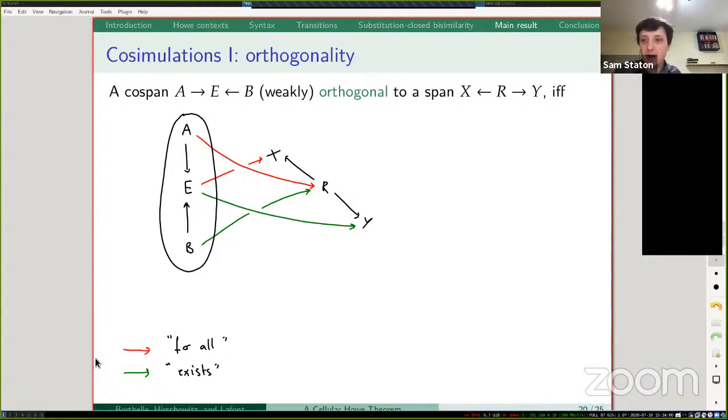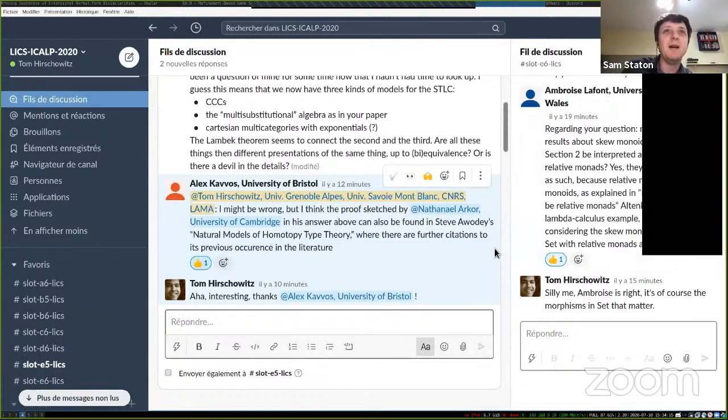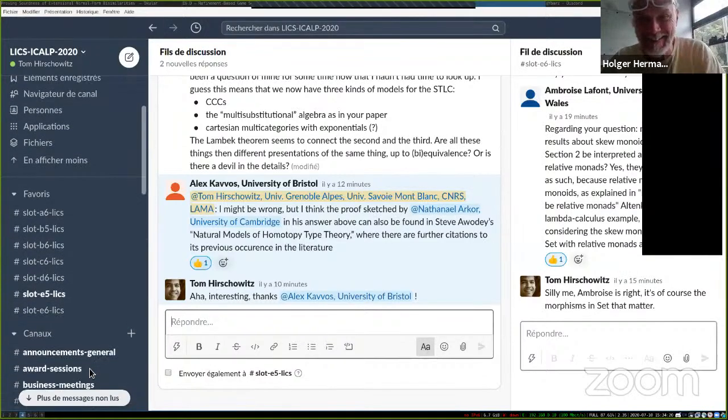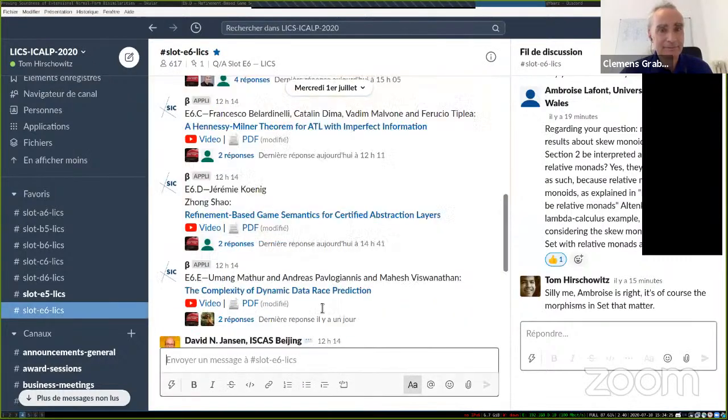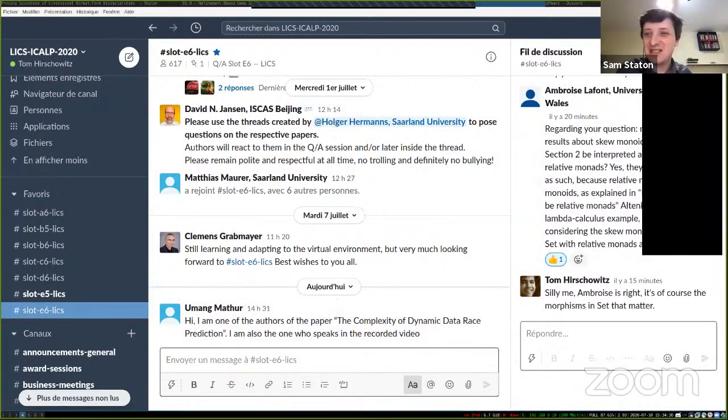But the question is whether the results about skew monoidal categories can be interpreted as results about relative monads. Is there anything you want to say about that, Tom? I can't really add anything to what Ambroise already answered, which is there. So the answer is yes, basically. Okay, all right, thanks. Okay, great. So if someone has a question, just shout out.